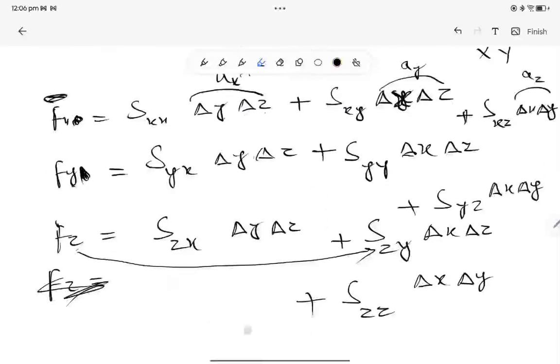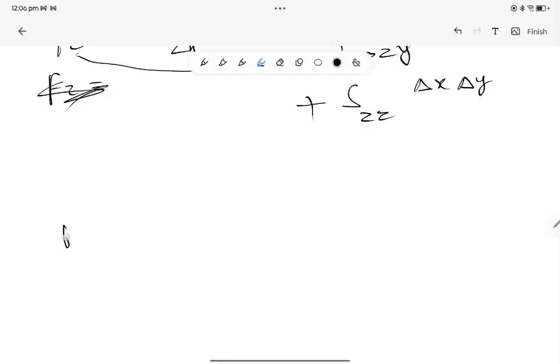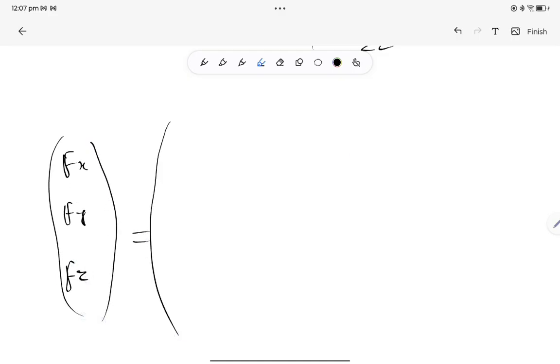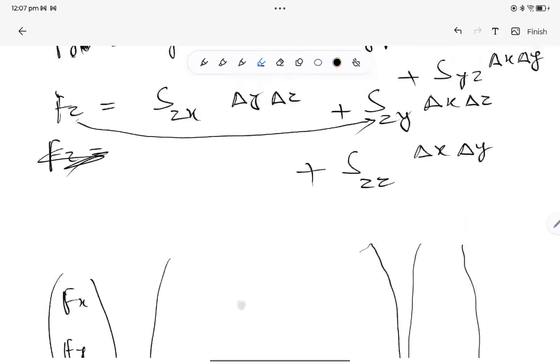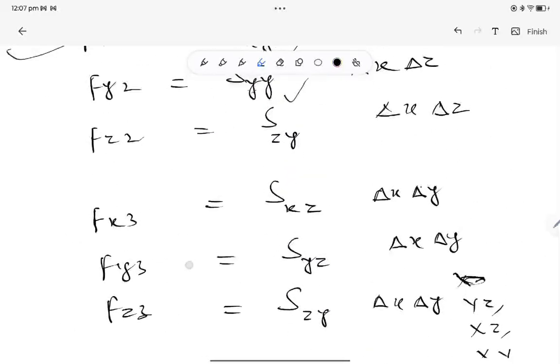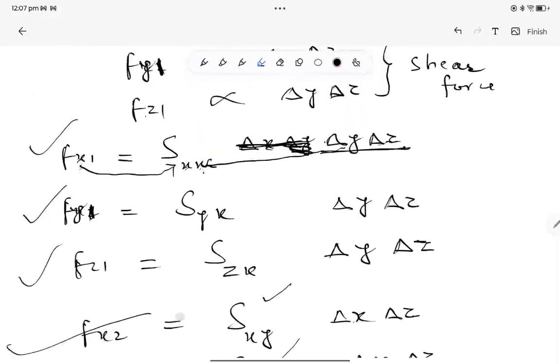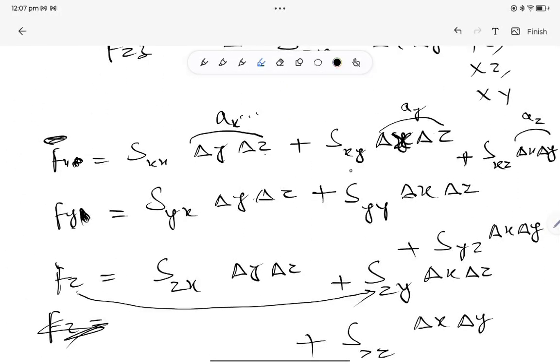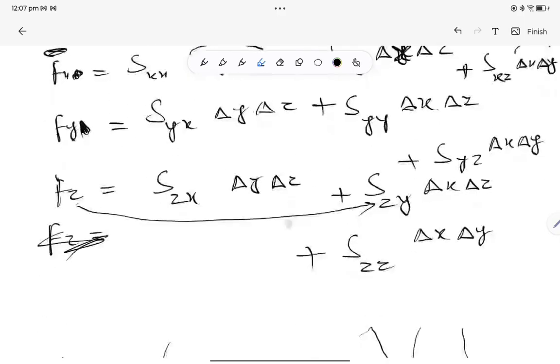If I now write this in matrix form, I will have Fx, Fy, Fz, and first let us collect these. Sxx, Sxy, Sxz.